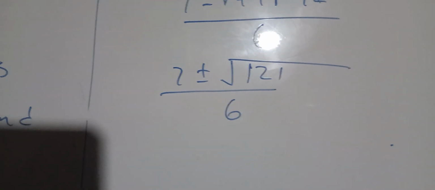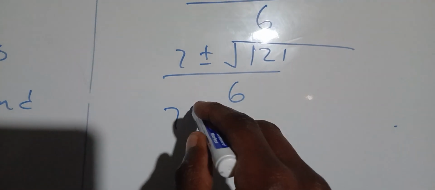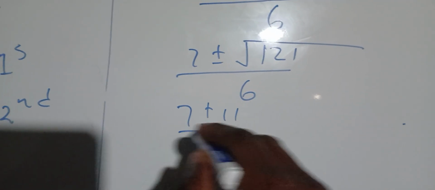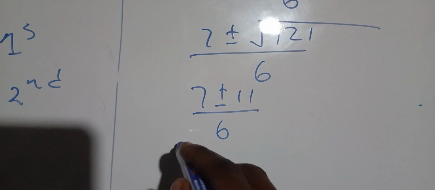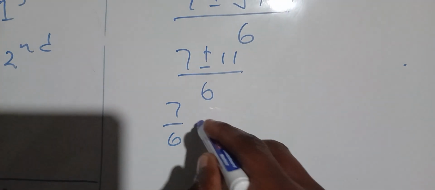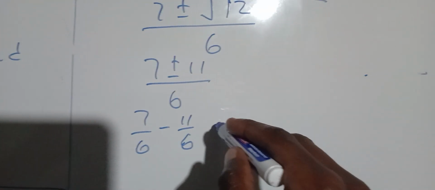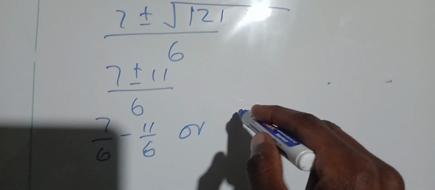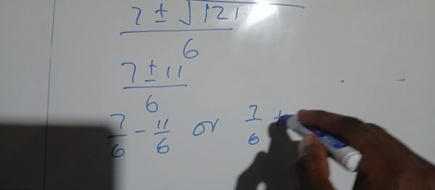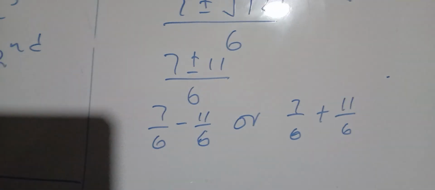The square root of 121 is 11, so we have 7 plus or minus 11 over 6, which is going to be 7 over 6 minus 11 over 6, or 7 over 6 plus 11 over 6.